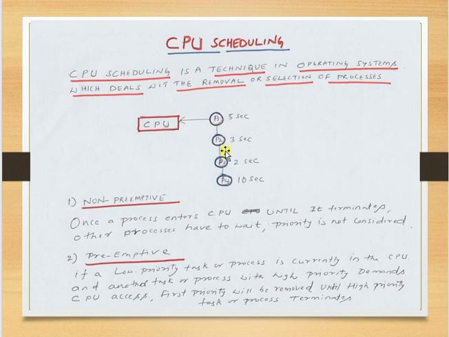Since P2 has more priority than P1, that means P2 has high priority compared to the low priority of P1.